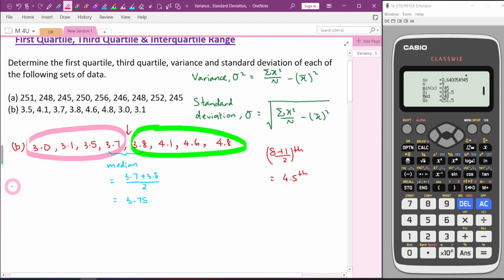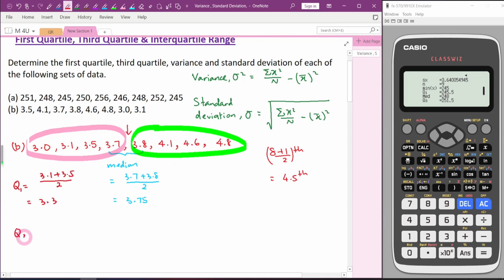To get the first quartile, we look at the middle value of these four data. So this is four data, right? So we have two middle values. The first quartile will be equal to 3.1 plus 3.5 divided by 2, which is equal to 3.3. Same thing for here.